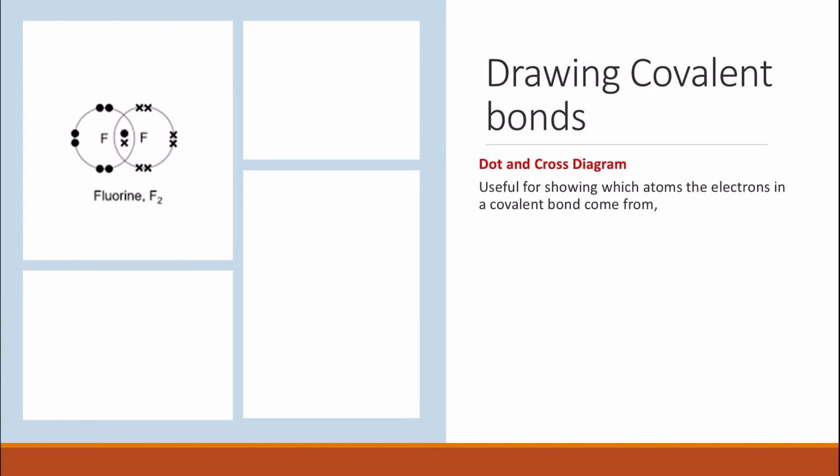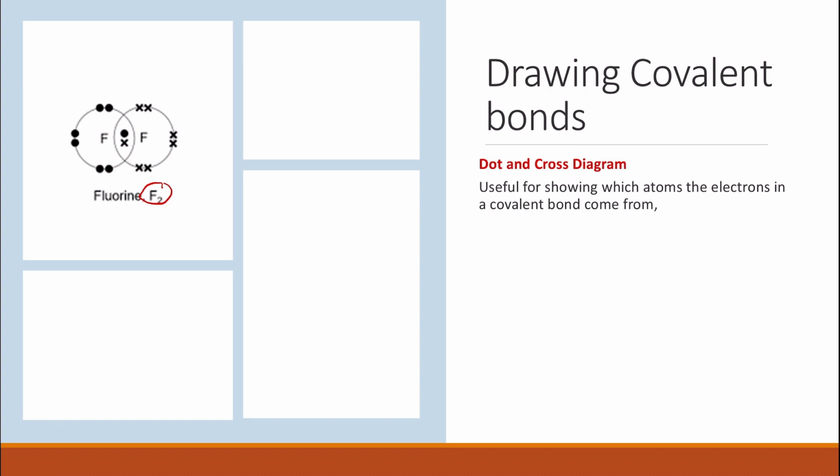So if we have something like fluorine, fluorine is one of the nonmetal group 7 elements. It has 7 electrons in its outer shell. So for fluorine to get the full outer shell with 8 electrons, it would need one extra electron. That extra electron it can take from another fluorine atom to form fluorine F2, which is the diatomic molecule for fluorine.